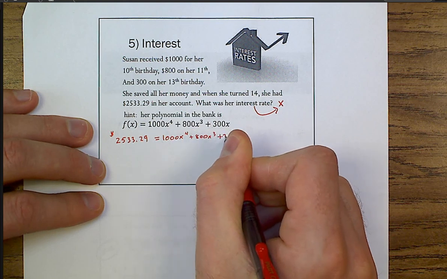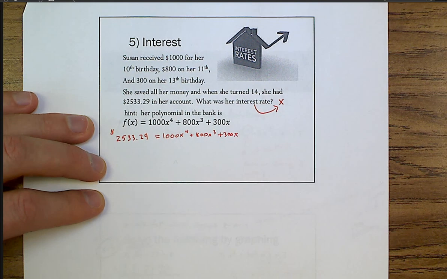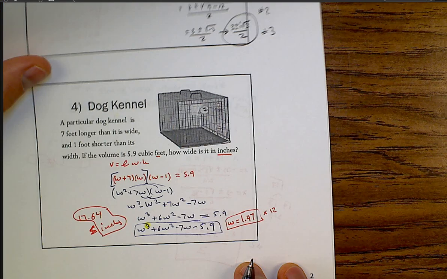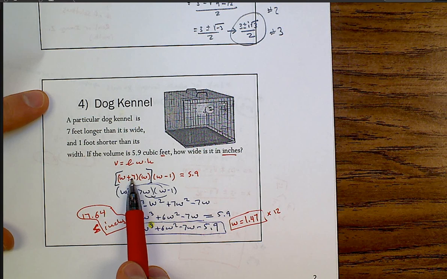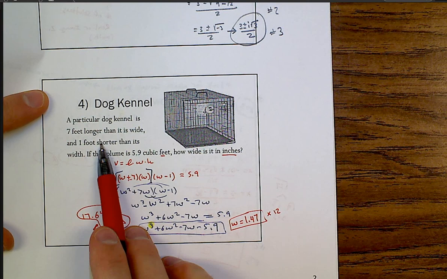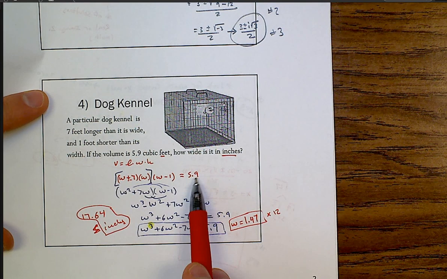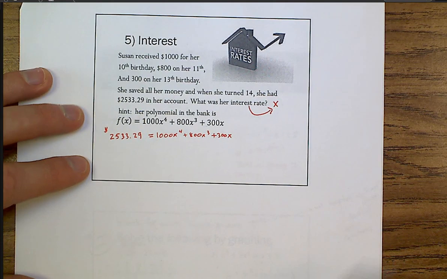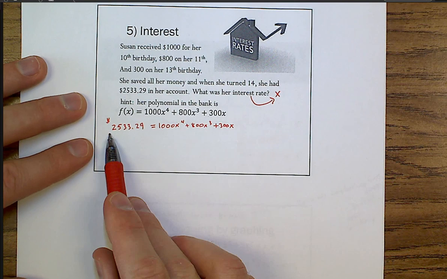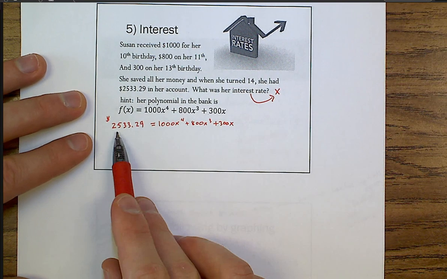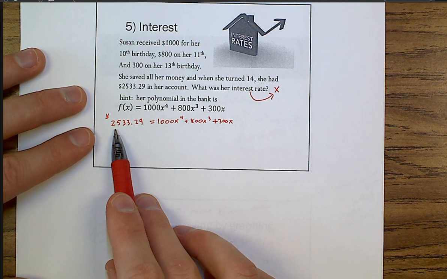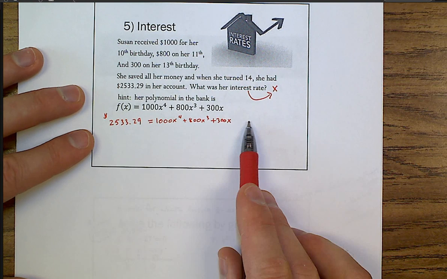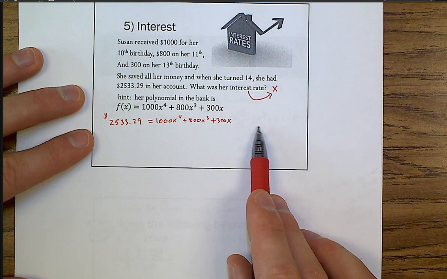So we have a very similar situation to the problem we just did, right? This is what we wrote from the information in the problem, and then I moved that 5.9 back over. Same situation. You could just subtract the $2,533.29 over to the other side, put all of that in your graphing calculator, and solve.